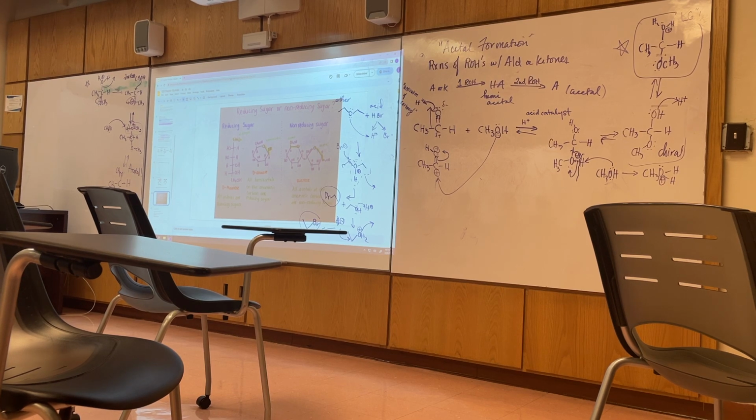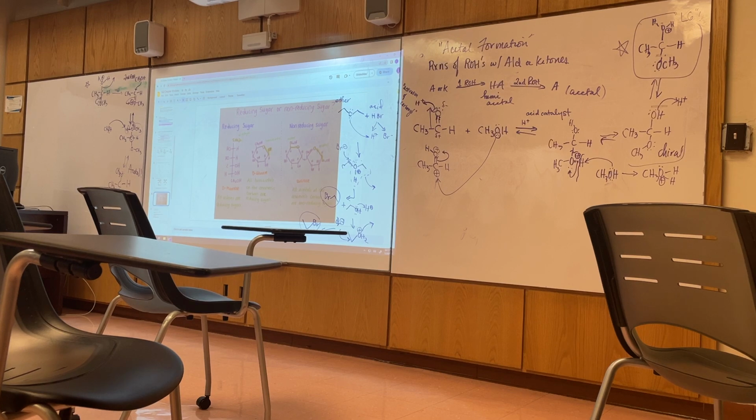This is an equilibrium. So the stable form is this one. But this one is a close competitor, it's like 60-40%. The reason why the straight chain closes and makes a ring is because you have an aldehyde here.